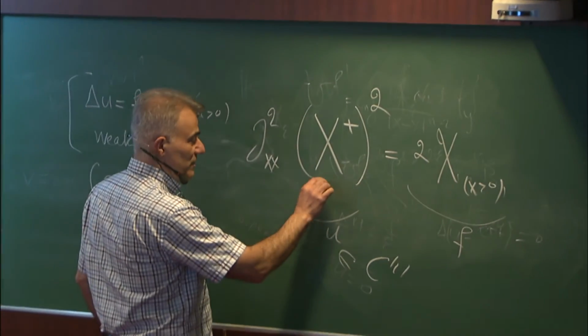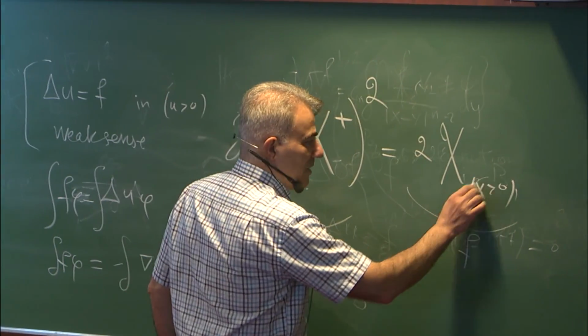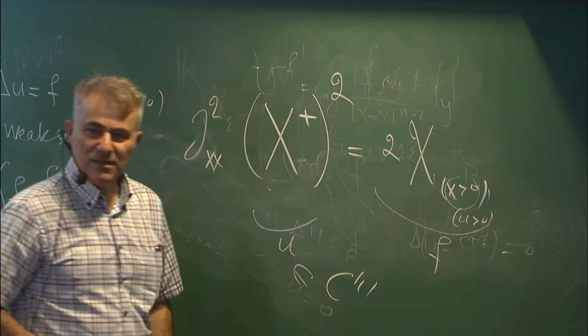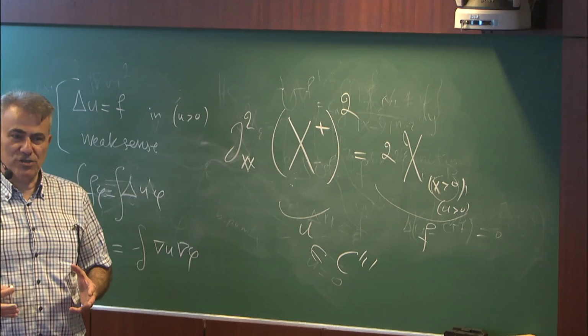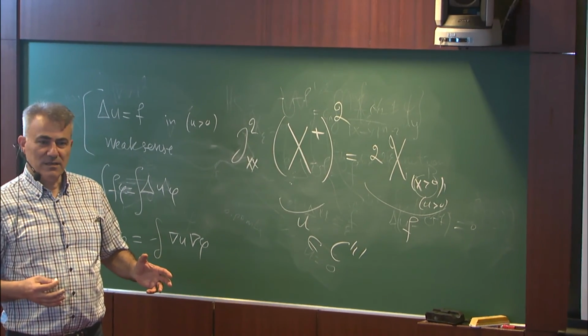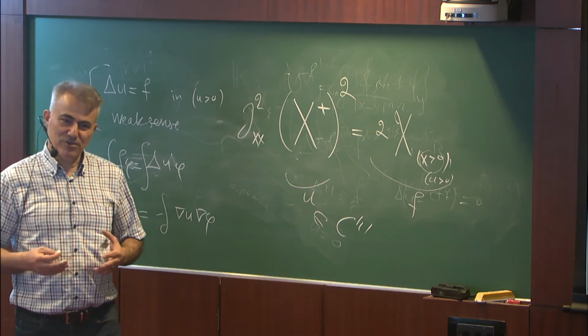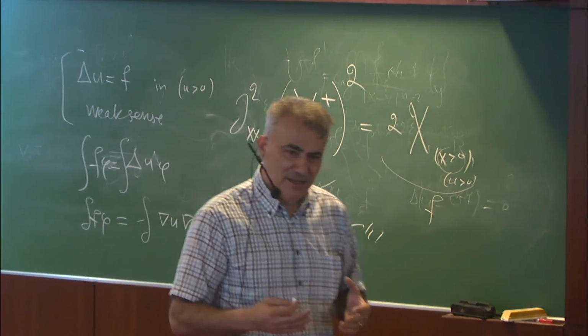And the structure here is what? If this is the function u, what I'm saying here is when u is positive. So when you have a certain structure like this, a free boundary type of structure, then actually you get a little bit more. Tiny, but a little bit more.